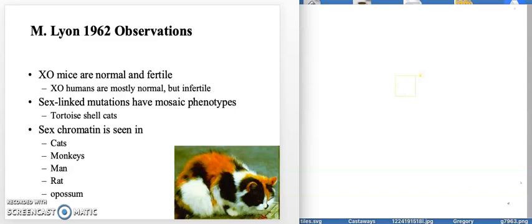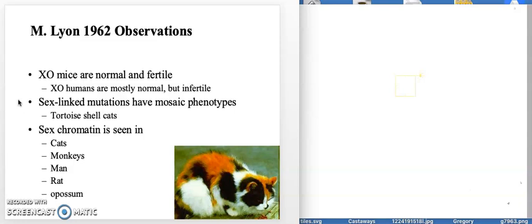In humans, XO females are also pretty normal and healthy, but they have some infertility. She was also aware that sex-linked mutations in females tend to have a mosaic pattern, meaning it's blotchy, splotchy. Tortoiseshell or calico cats have blotches of fur in different colors that are not found in male cats.